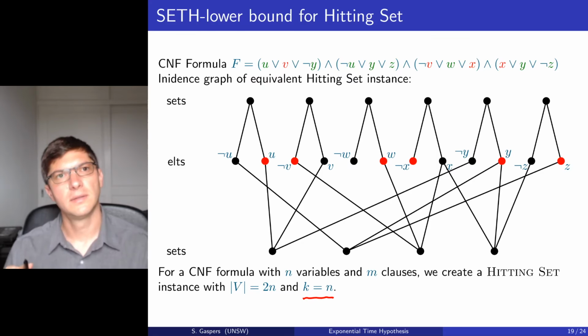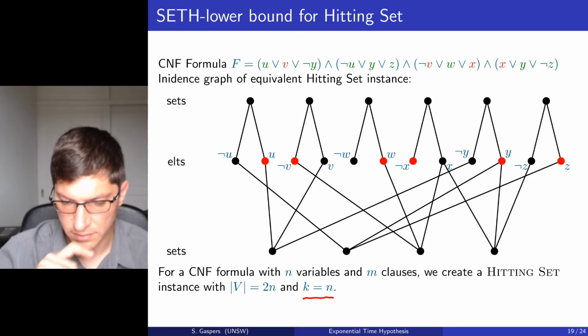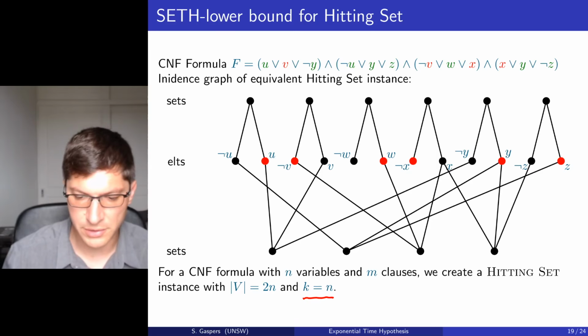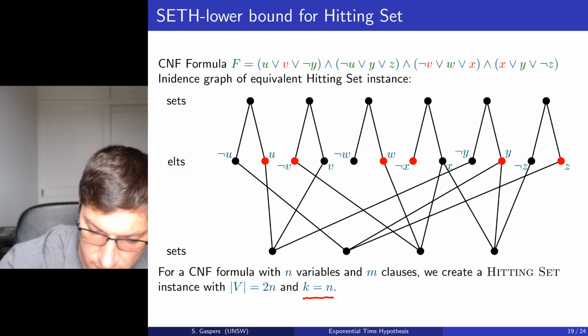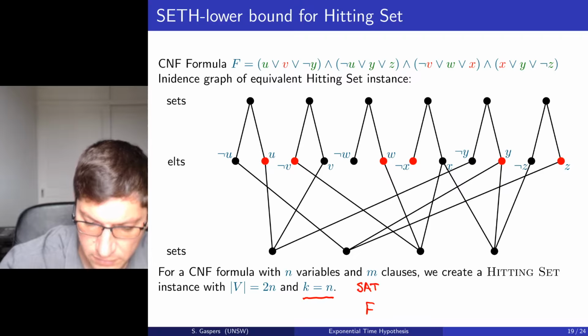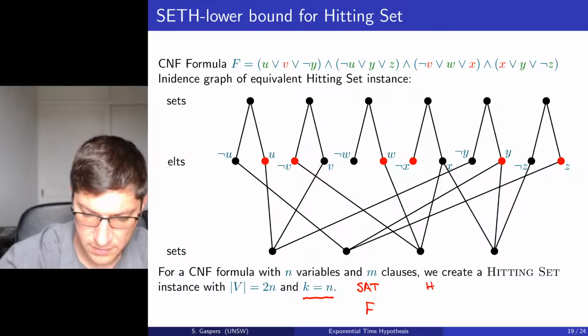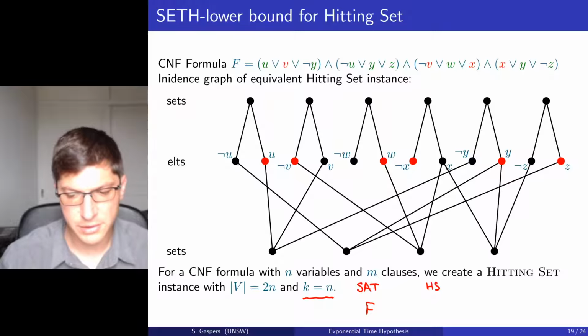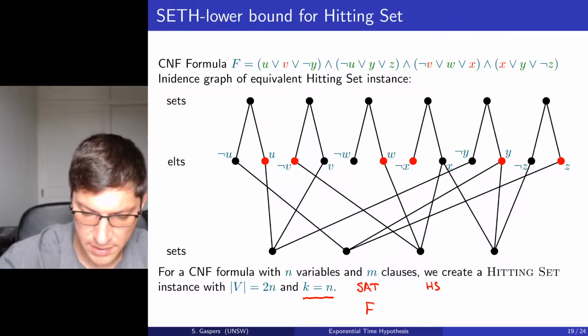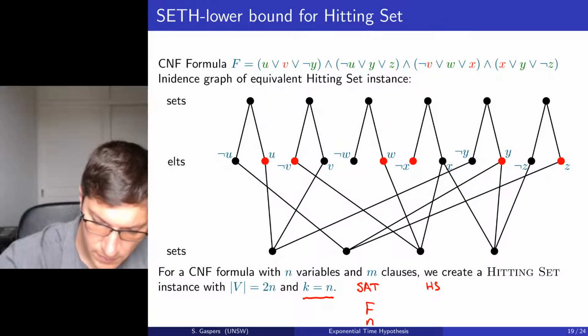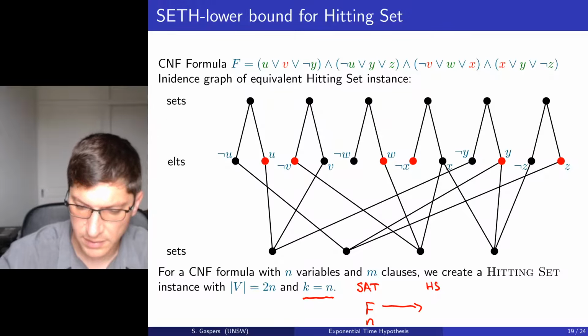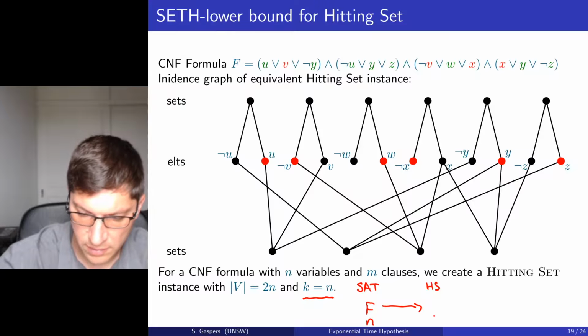Okay, so now let's say that we can use this reduction to solve the satisfiability problem. So if we have a satisfiability instance, so we have a formula f, it's a SAT formula, and here we have hitting set. Now our reduction in polynomial time takes a formula on n variables, it creates a hitting set instance with a number of elements that's 2n.